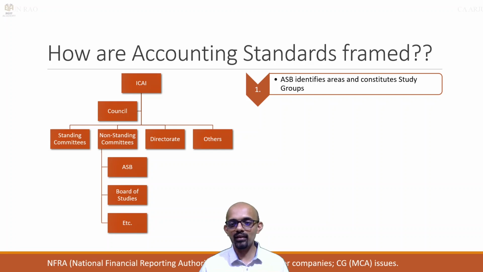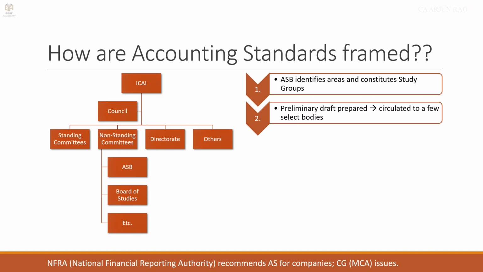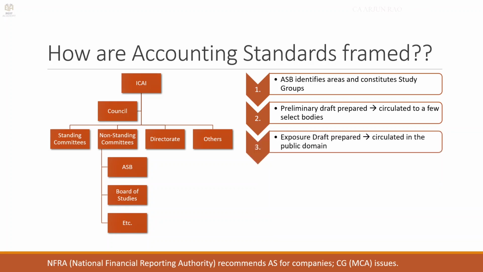So first it identifies areas and constitutes study groups. Then a preliminary draft is prepared, preliminary draft of the accounting standard. This is circulated to a few select bodies like SEBI, MCA and so on. Then an exposure draft is prepared.